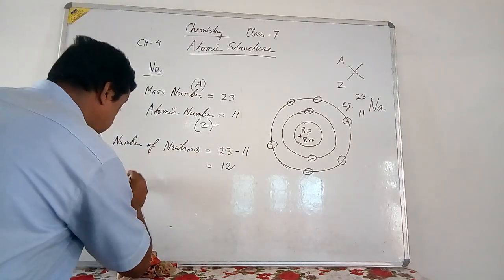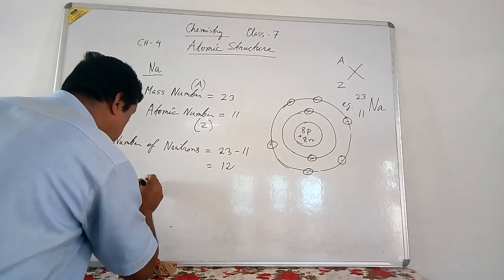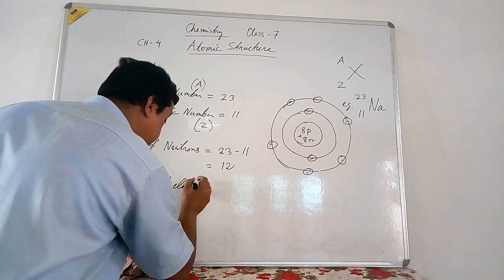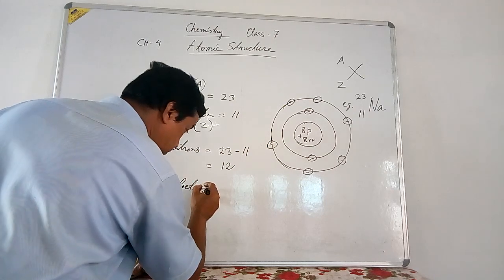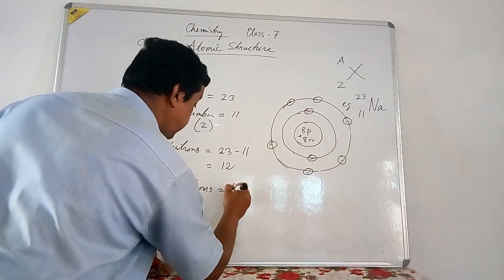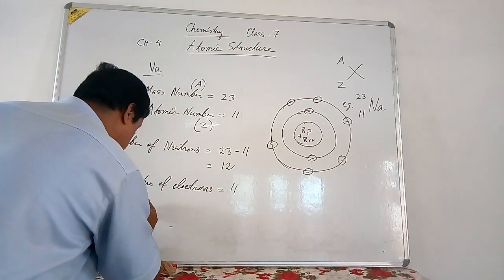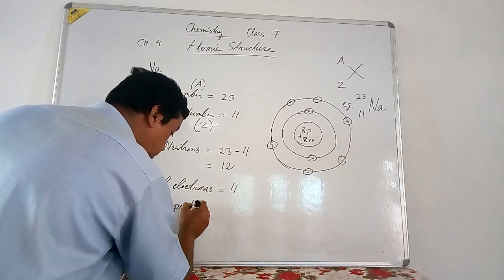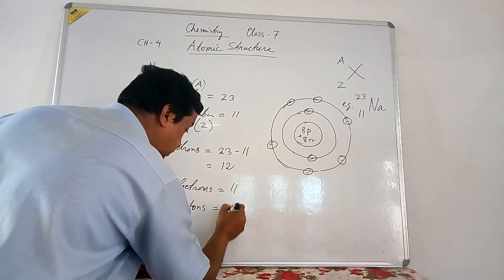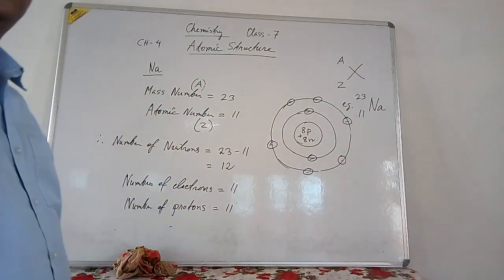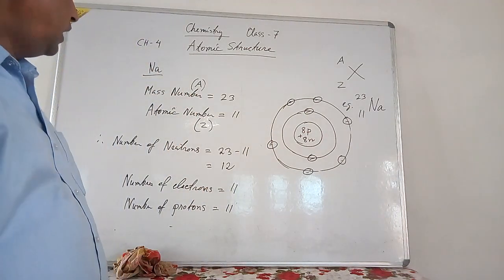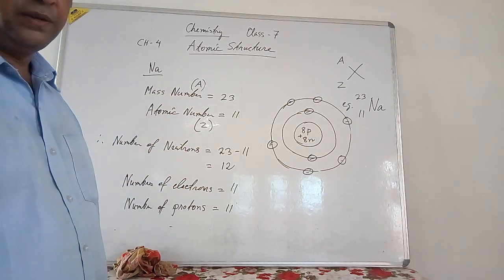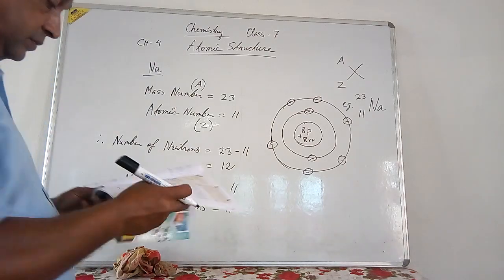The number of electrons is the atomic number, that is equal to 11. The number of protons also will be equal, that is 11. I think you can understand how to find out the number of neutrons if the mass number and atomic number are given.